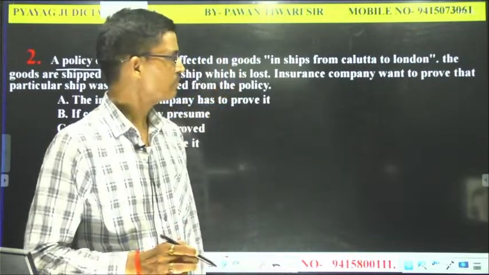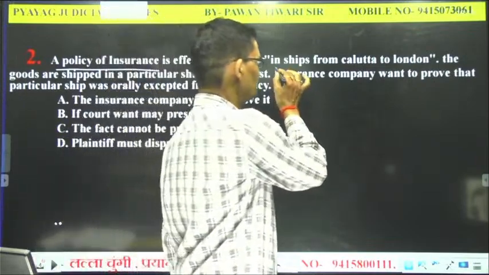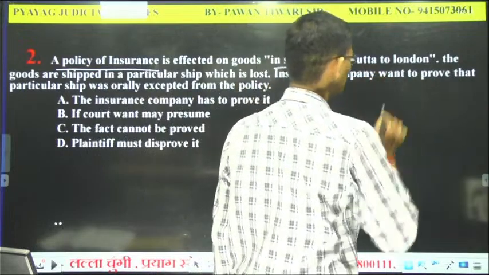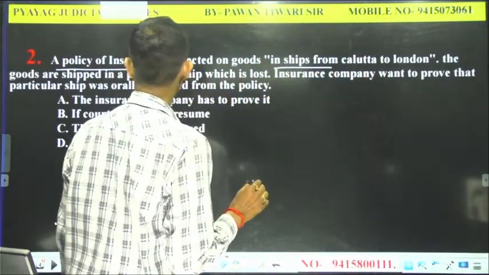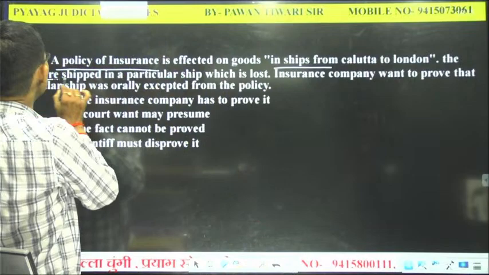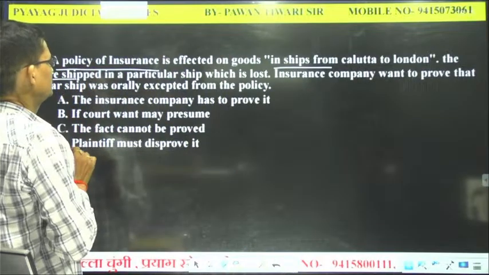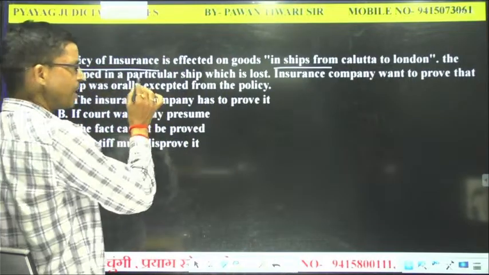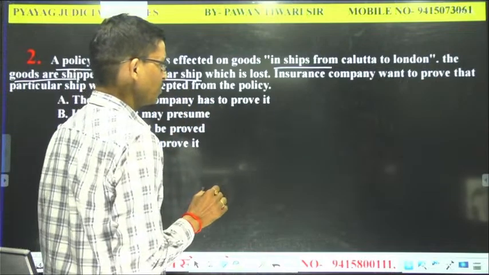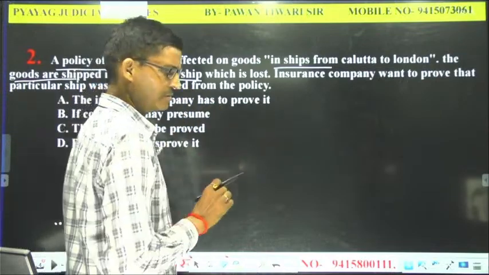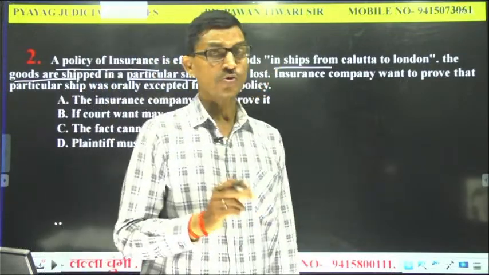Next, a policy of insurance is effected on goods in ships from Calcutta to London, the goods are shipped in a particular ship, okay, which is lost. Then ship is lost, which is insured.